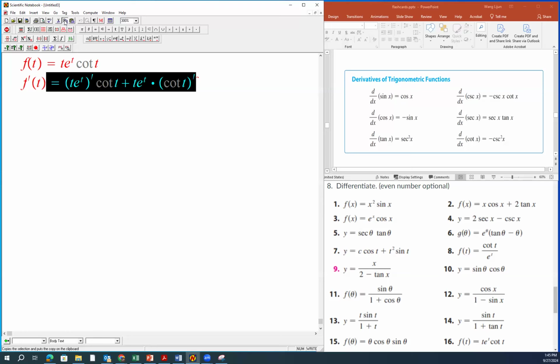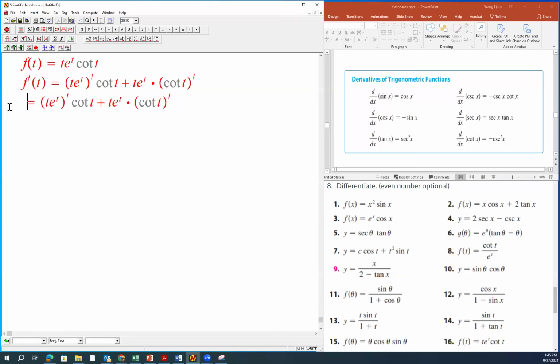But you can also say, okay, I'm going to do this together. No problem. You can do it together because we can plug in here. This is just going to be a negative cosecant squared of t, sorry. Okay, so this part is done.